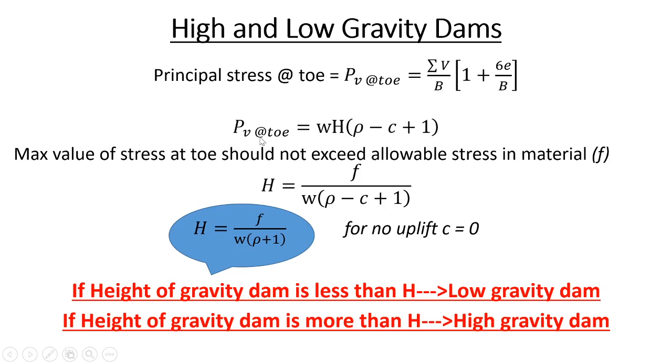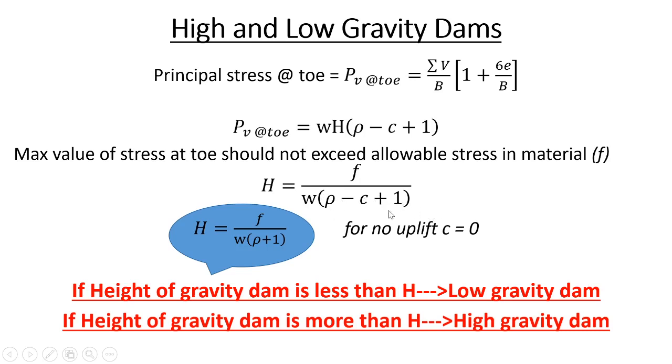You know that the maximum value of stress, that means the maximum value of PV at toe, should not exceed the allowable stress of the concrete. So instead of PV at toe, the allowable stress of concrete may be substituted as F. If you solve for capital H, the equation is revised to capital H equal to F divided by W into rho minus C plus 1.